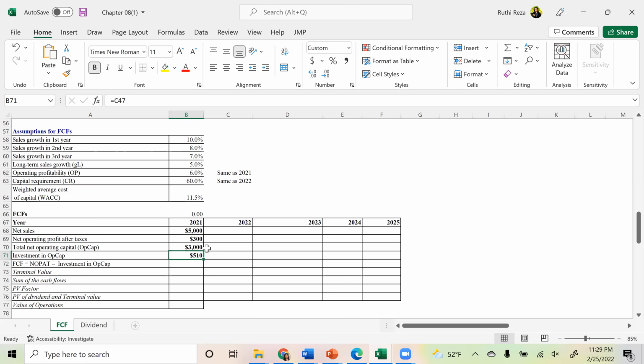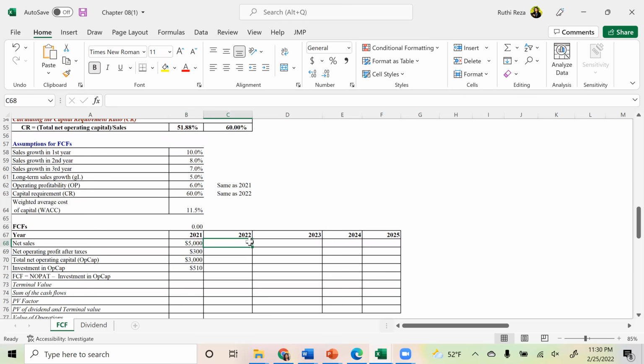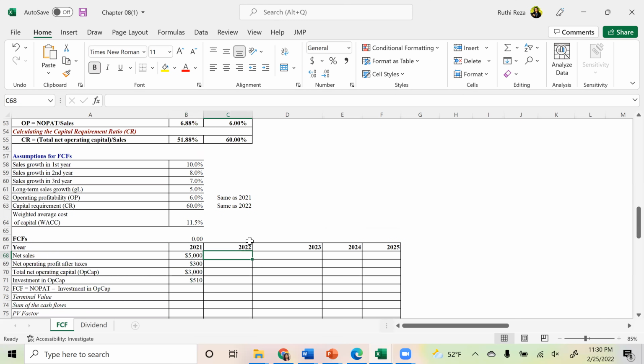Now, let us estimate these account numbers for all the other years in the future. So here, net sales is expected to grow by 10% in the very first year.